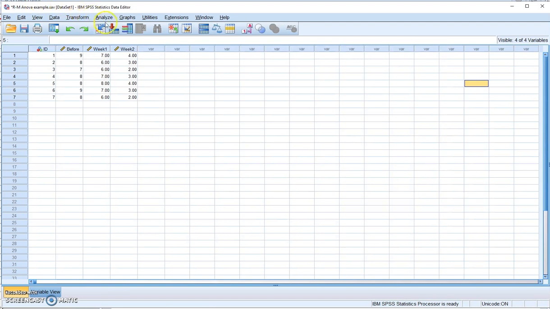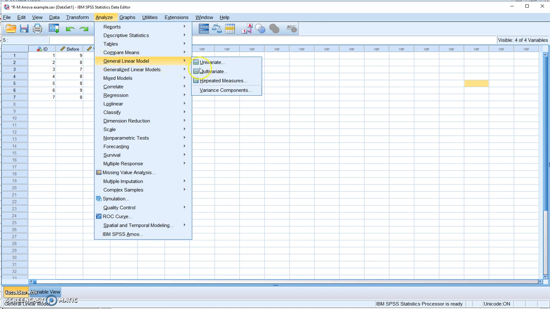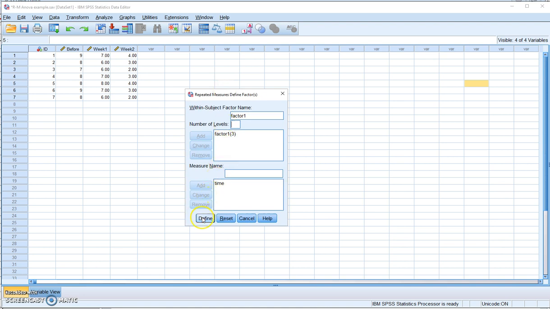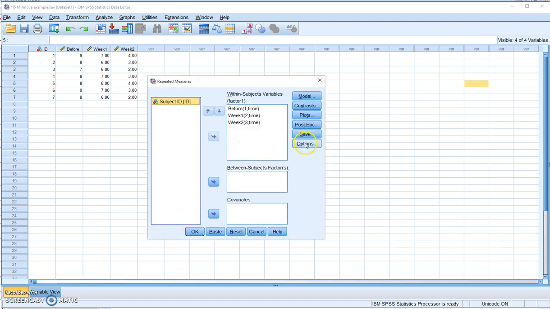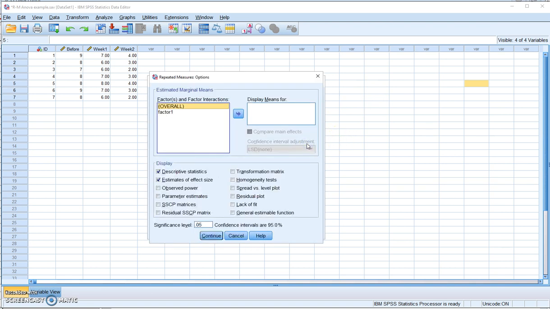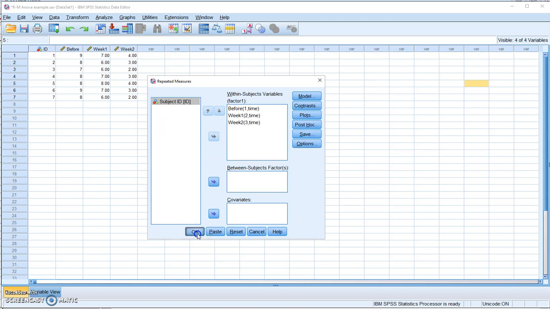To do that, you can go back to SPSS. You go to the same place where you did your repeated measure ANOVA. In this place, all you need to do is ask for a comparison of means at this place called options. This is the factors that you want to compare, and you compare the main effect, and just keep the default and click continue and OK.